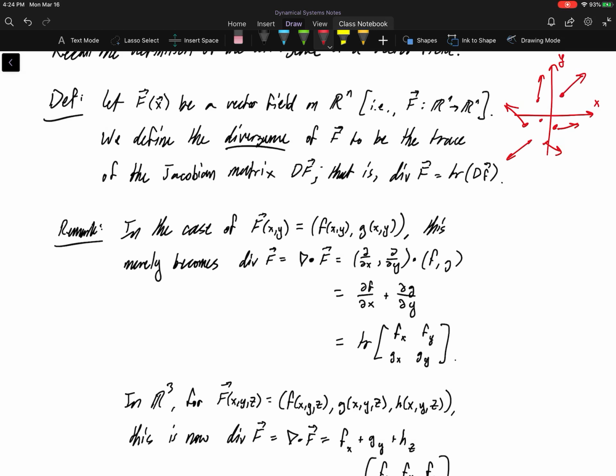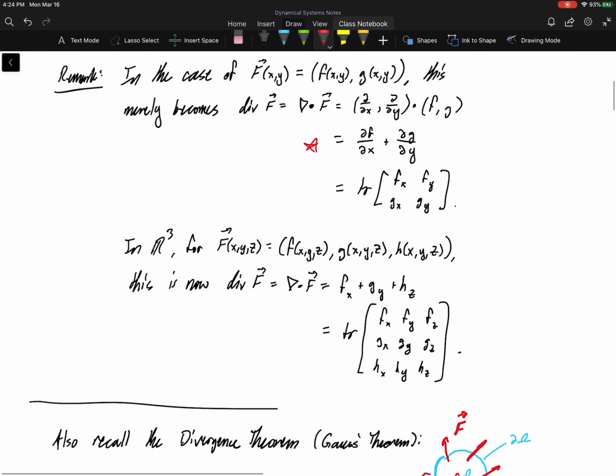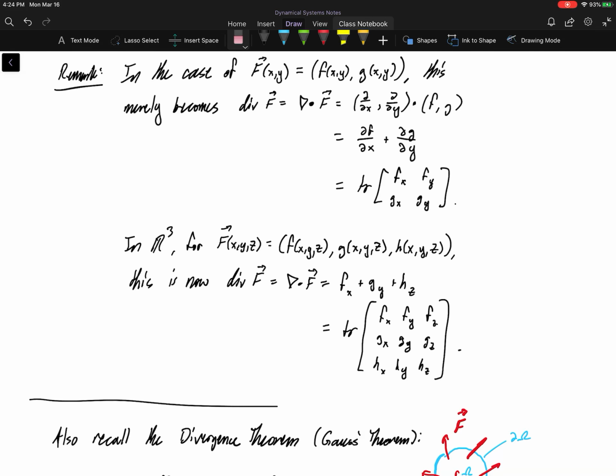But we do match this up and say that the divergence, we're used to seeing it as this sum of first partial derivatives. And we can match that up with the definition. Sure enough, this is the trace of the Jacobian matrix. But that will change, right? The del operator changes depending on your choice of coordinates. So it's much easier to use the coordinate independent version to make sure you're defining the correct thing, or you're capturing the correct notion, right?